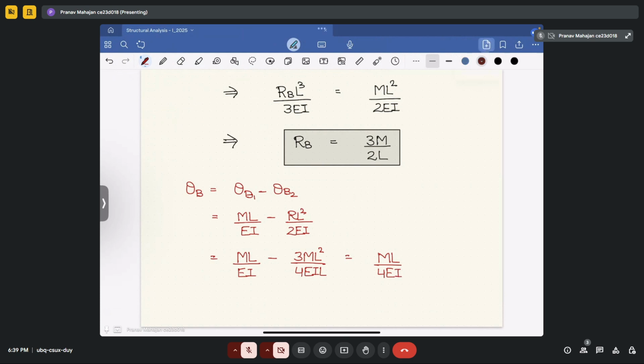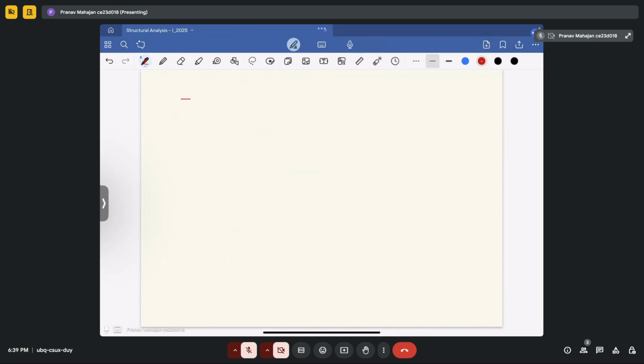Okay. Now if you want to write with respect to M, how will you write? You can write M equal to 4EI theta B divided by L. But since theta B is equal to 1 as given in the question, you have to provide unit rotation.